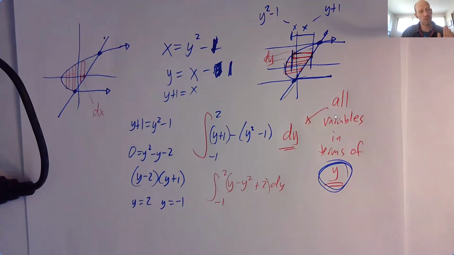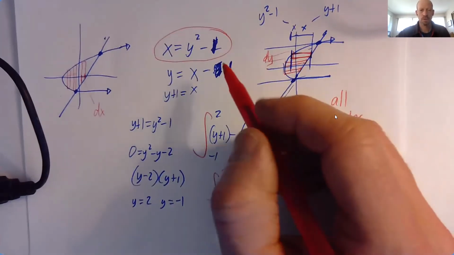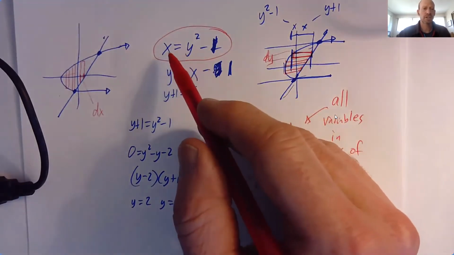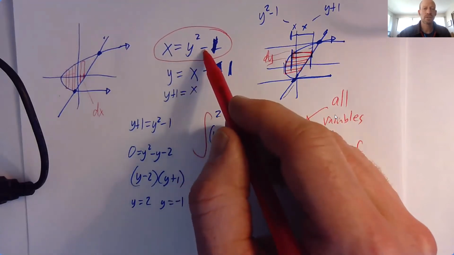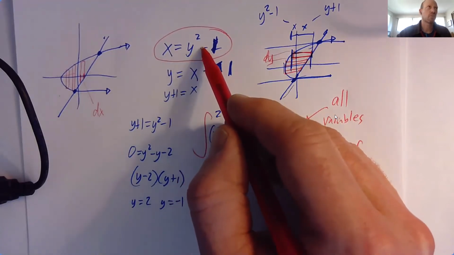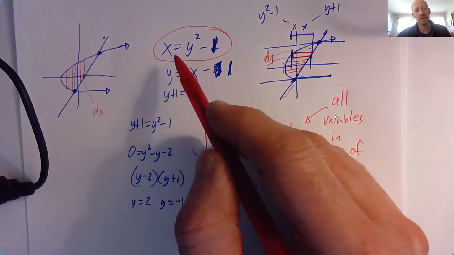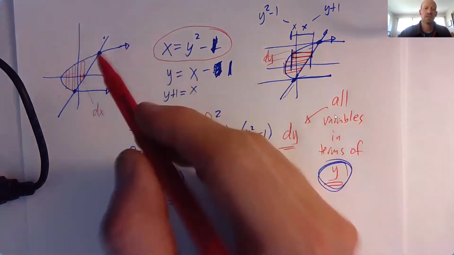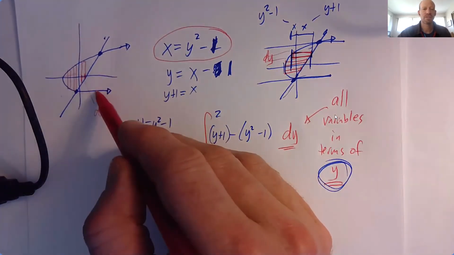So, some clues on when I should switch. The biggest clue for this problem was this: this function is written in a way that it's easy to change x's into y's, but it's a little tricky to change y's into x's. I'd have to solve this with a square root, and I get a plus and a minus, which should be like the top half and the bottom half of this.